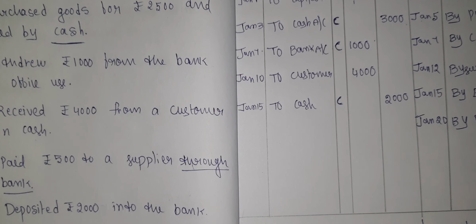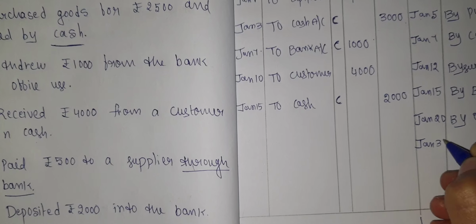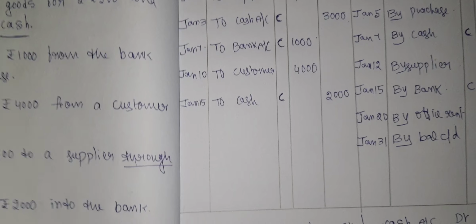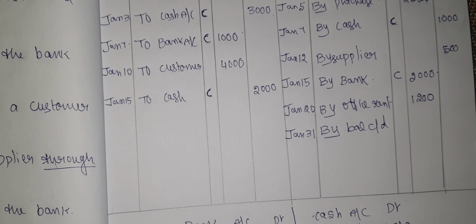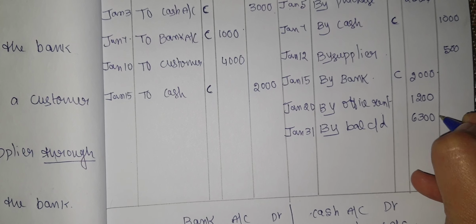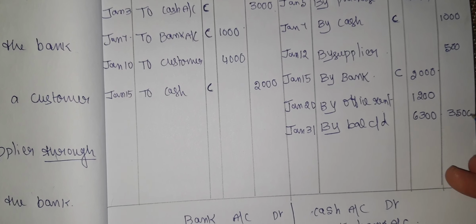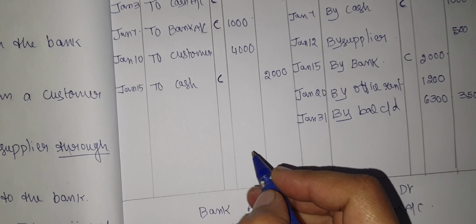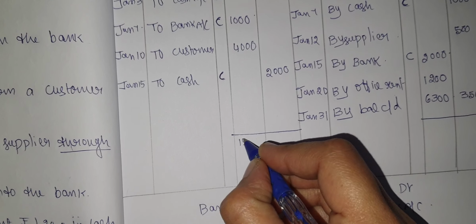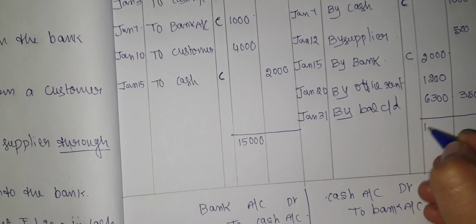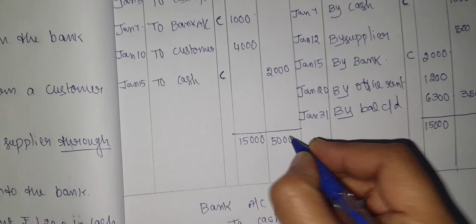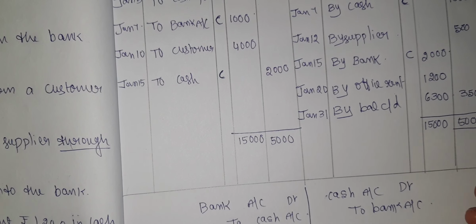So credit side is having less amount. So on Jan 31st, by balance carried on, that is closing balance of debit side cash column 6300, and here it is 3500. So total 15,000, here also 15,000, 5,000, 5,000.